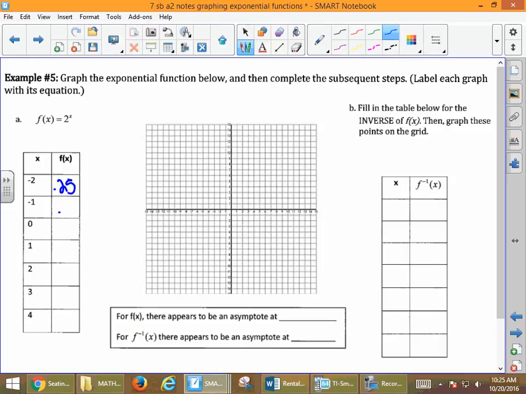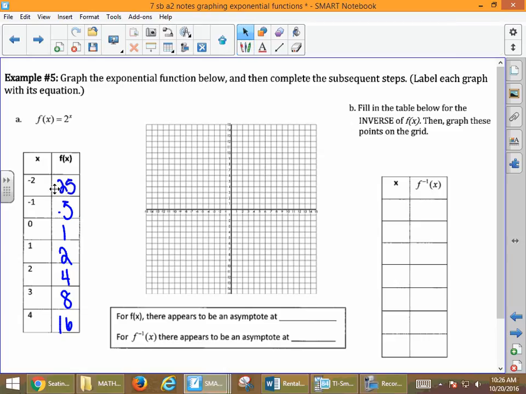And -1 is 0.5. We are reading off our table. Then we have 1, 2, 4, 8, 16. Strictly reading straight off our calculator, we did 2 caret x.